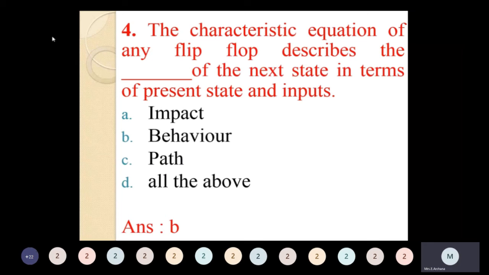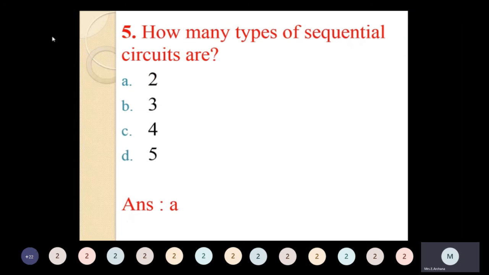The options are impact, behavior, path, all the above. The correct answer is B. The characteristic equation of any flip-flop describes the behavior of the next state in terms of present state and inputs.